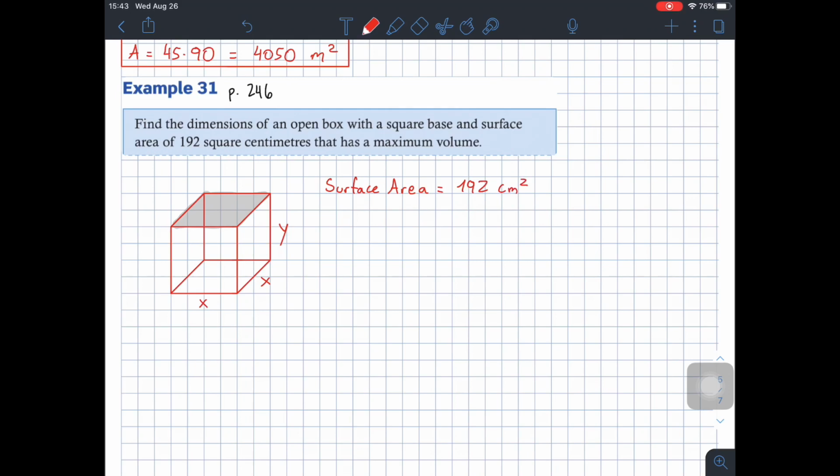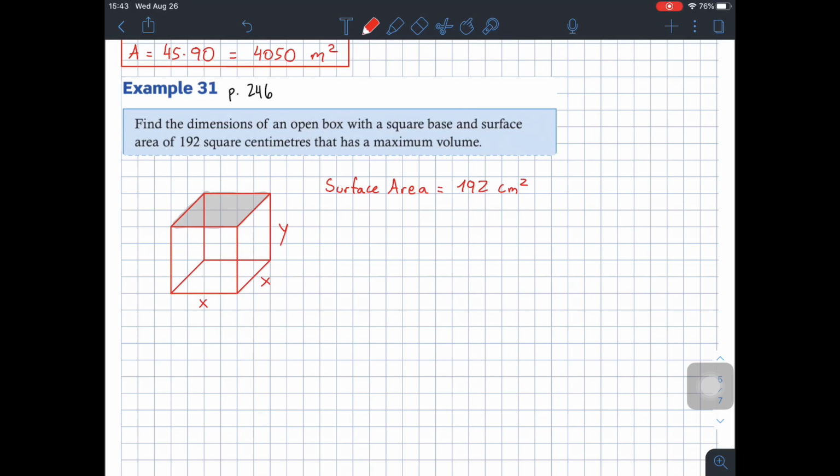How do we calculate that surface area? Remember that the surface area of a 3D shape is the addition of all of the areas of all of the faces, right? So we need to add the areas of all of the faces, basically. We know that the bottom base is x squared, right? x times x. And then we have 4 faces, whose area is equal to x times y.